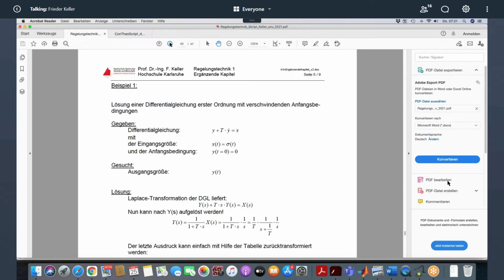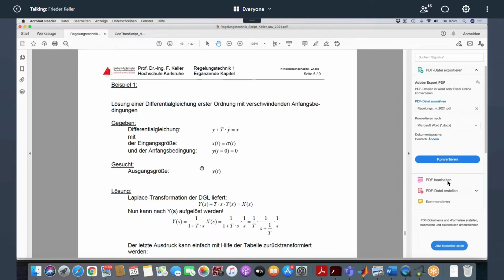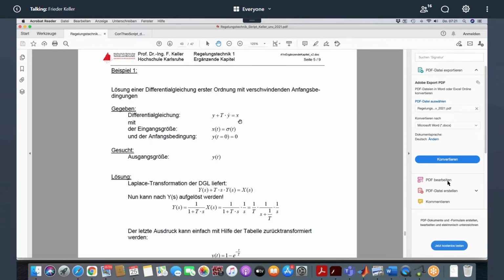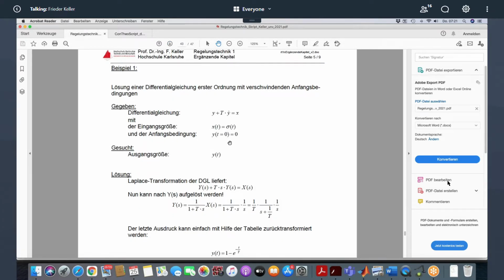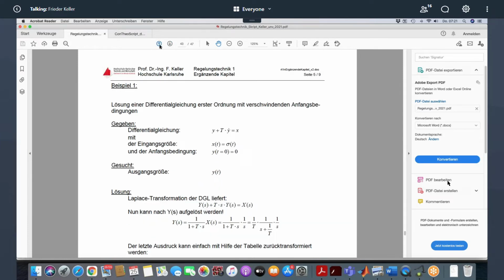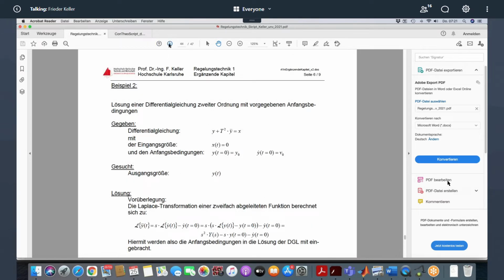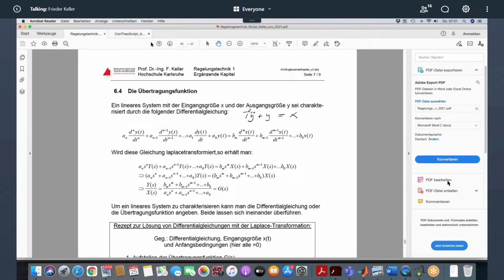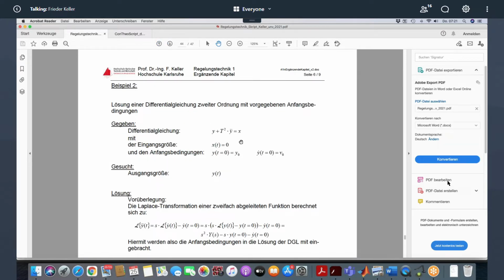And then some examples here. That is that famous low pass, where we found the step response. And there is something more here which we have not done on our paper, on the visualizer: a second order differential equation.